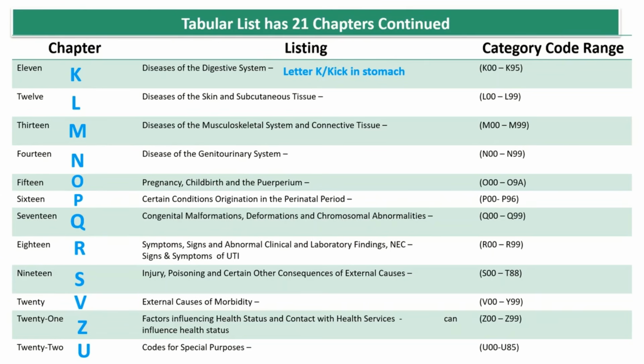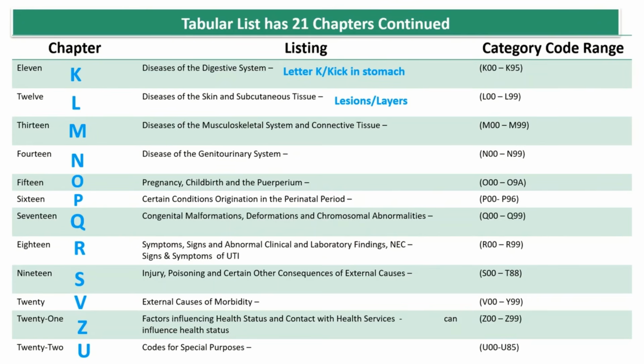Chapter 12. This is the chapter that houses the diseases of skin and subcutaneous tissue. When we think of diseases of the skin and subcutaneous tissue, we think of category L, L00 through L99, and L is for layers and skin lesions, skin layers and skin lesions.